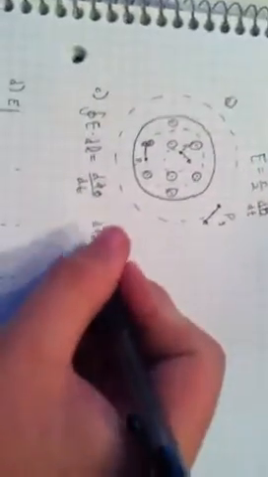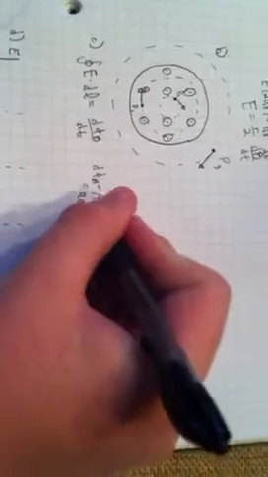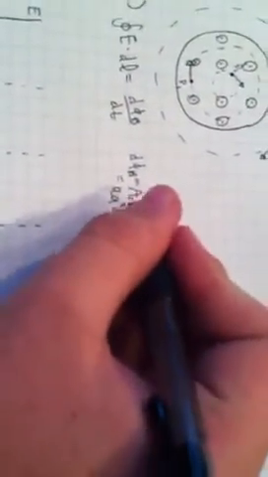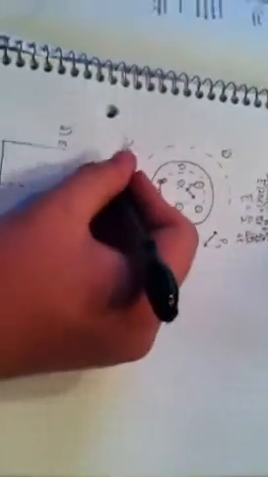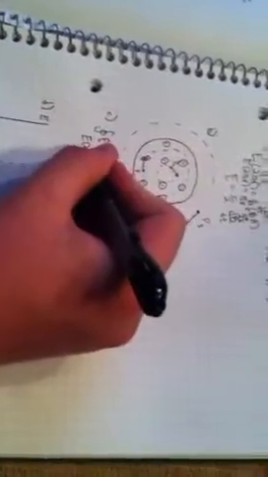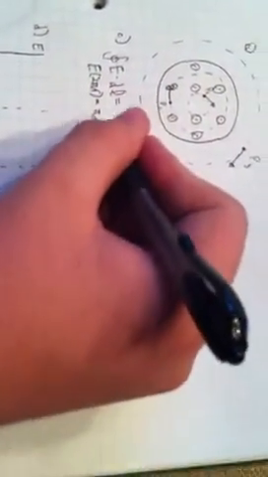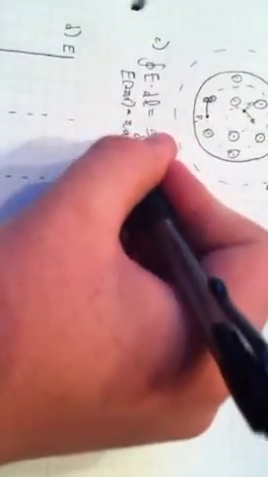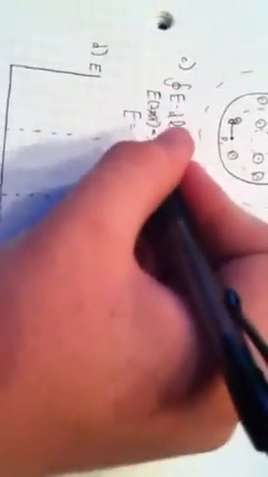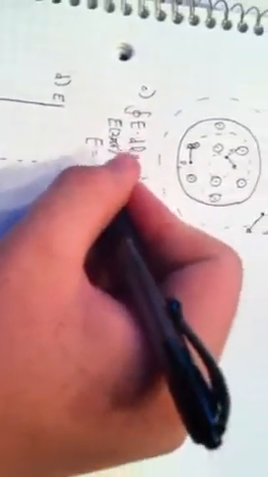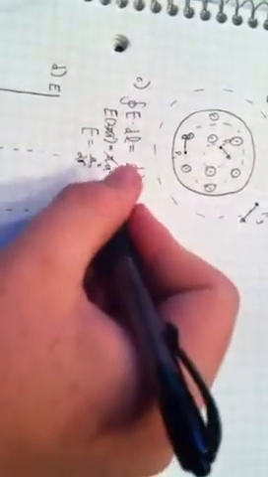So A equals pi a squared. Then we plug that in, E 2 pi r, because E is still varying with r, equals pi a squared dB/dt. The pi's cancel out on both sides, and then we get E equals a squared over 2r dB/dt.